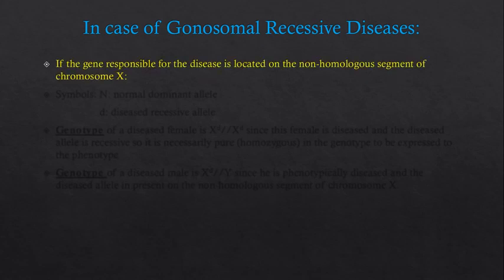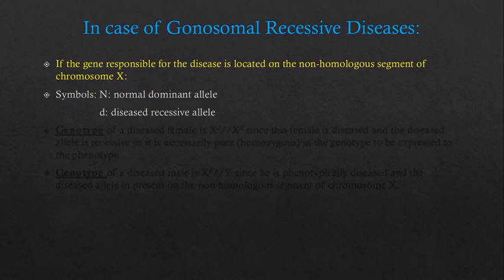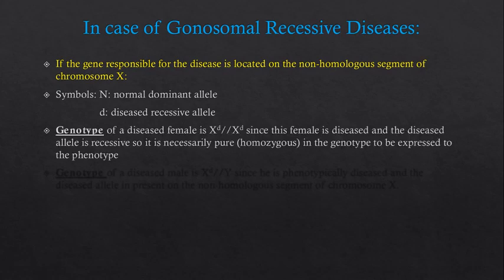First case, if the gene responsible for the disease is located on the non-homologous segment of chromosome X, the symbols are going to be capital N for the normal dominant allele and small d for the diseased recessive allele. The genotype is going to differ between a male and a female, because the male's gonosomes or sex chromosomes are XY, while those of the female are XX.